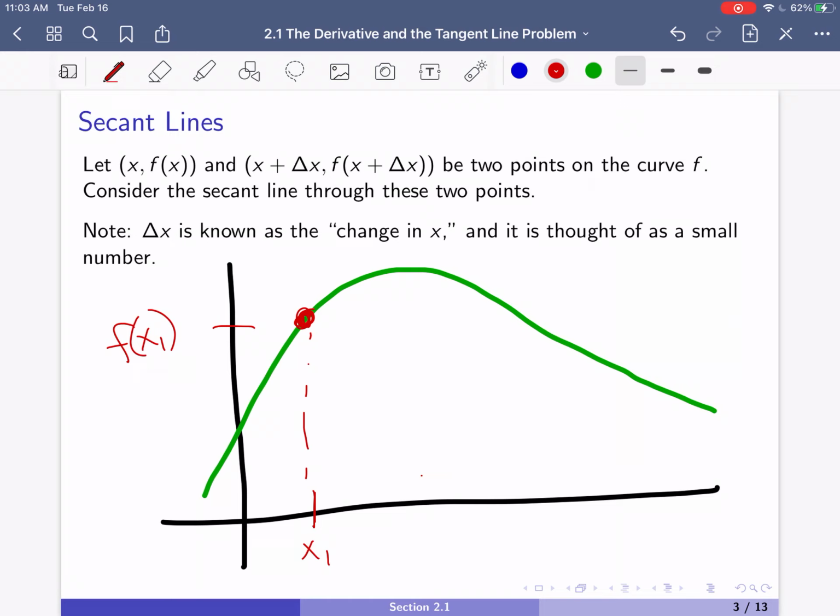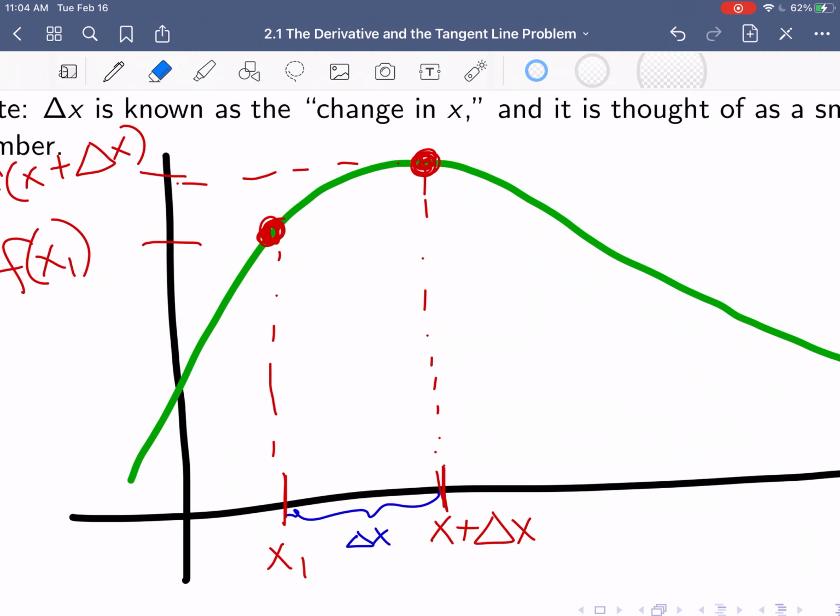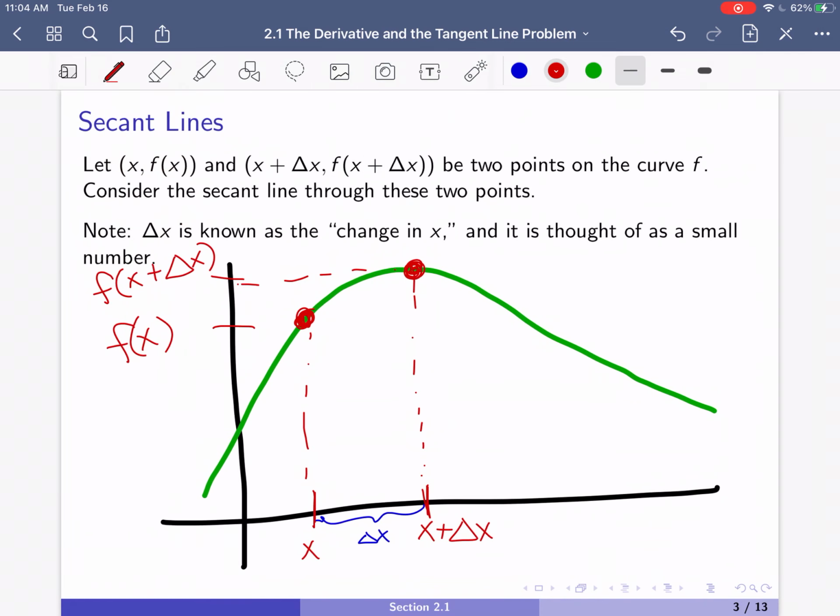And we have a step of delta x away, so we have x plus delta x, and then the function value there is f of x plus delta x. I accidentally wrote a subscript of 1. We don't need that. So we have x and x plus delta x as our 2 points.